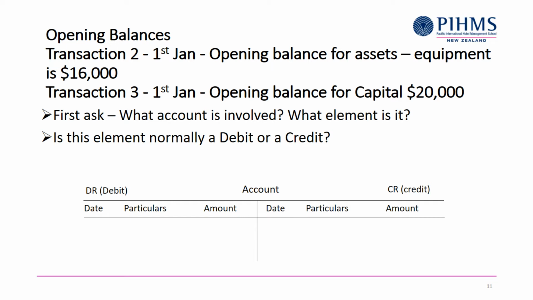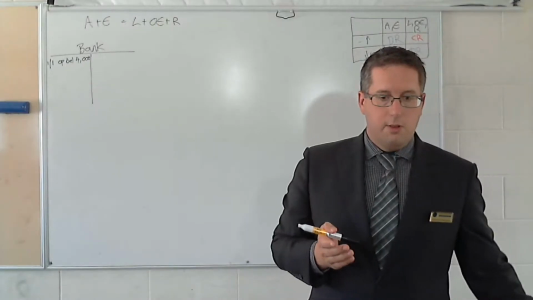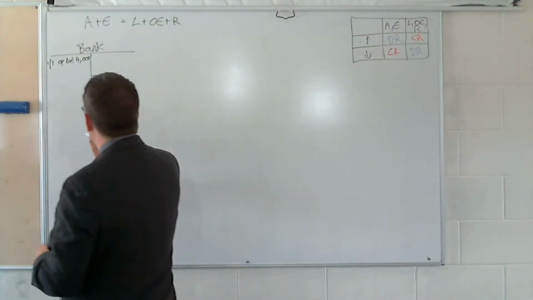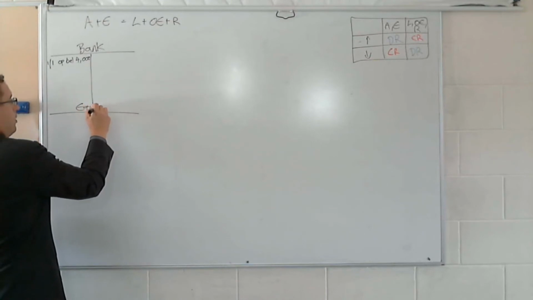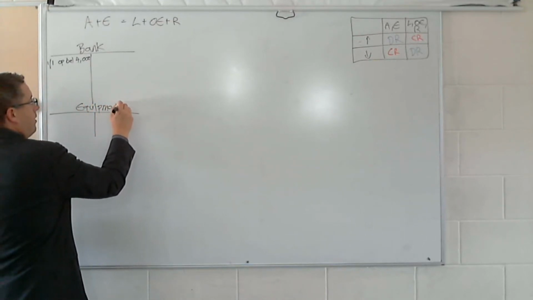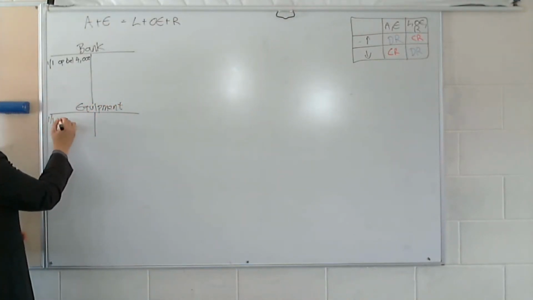Now we've got 2 more opening balances. We've got some assets that we have, some equipment, and we've got some capital. So again, you need to identify, well, what are the things involved here? So equipment, $16,000. So again, equipment, something that you own, that you're going to keep for a long time.